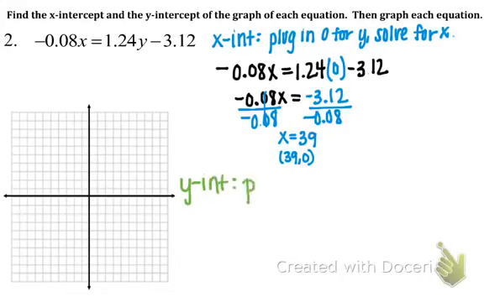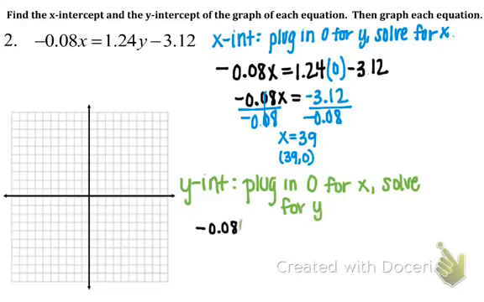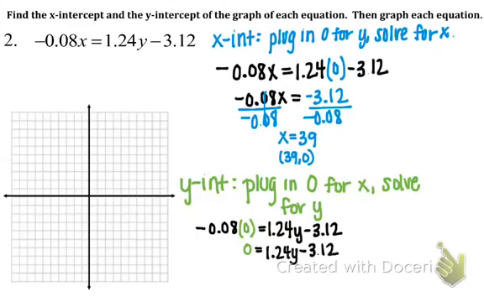Now for my y-intercept, I'm going to plug in 0 for x and then solve for y. So negative 0.08 times 0 is equal to 1.24y minus 3.12. Negative 0.08 times 0 is 0, so I have 0 on the left-hand side. I'll need to move my constant of 3.12 over to the left, so I have positive 3.12, which is equal to 1.24y.